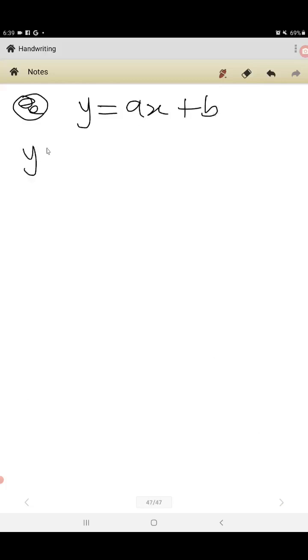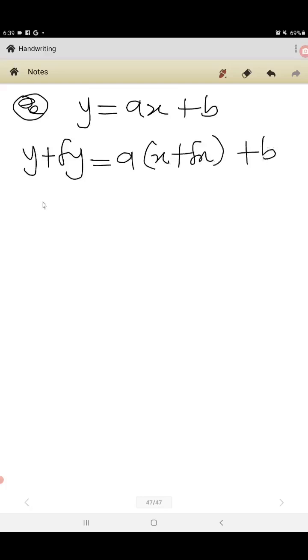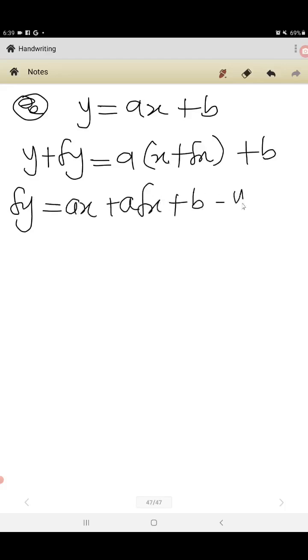He said y plus changing y is equal to a times x plus changing x plus b. So therefore, changing y is equal to ax plus a dx plus b minus y.